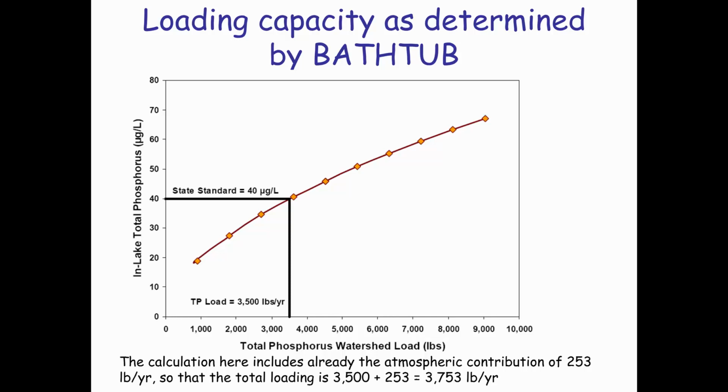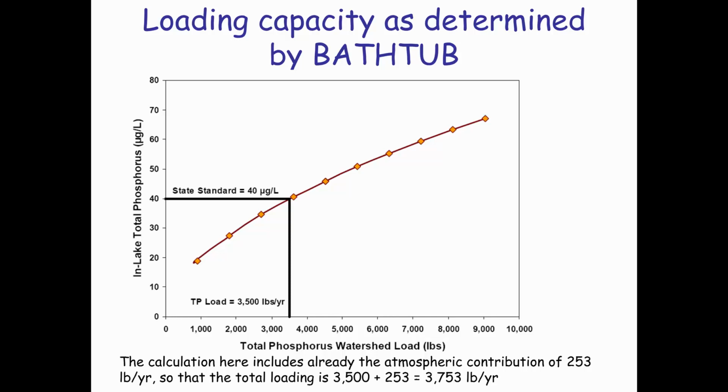So this graph is for the response of the lake water quality total phosphorus concentration to watershed load without consideration for the internal load. And it's shown here that when the lake is at 40 microgram per liter, that would be for a total phosphorus load of 3,500 pounds per year.